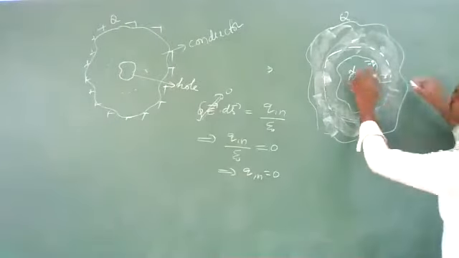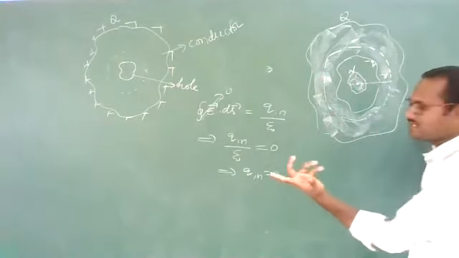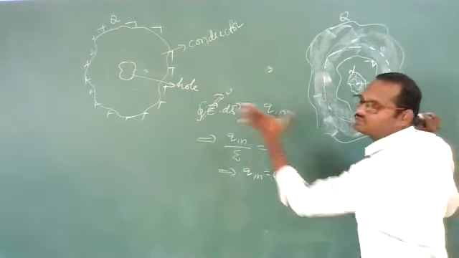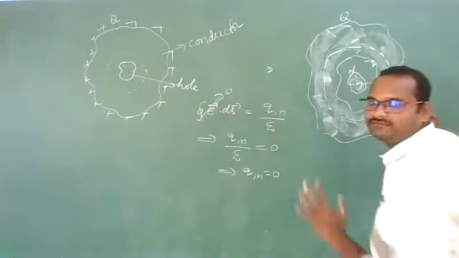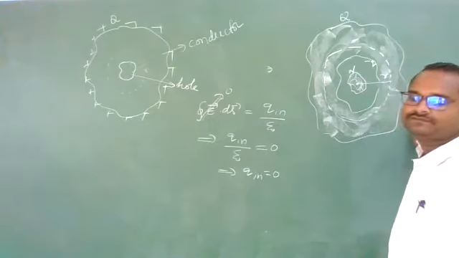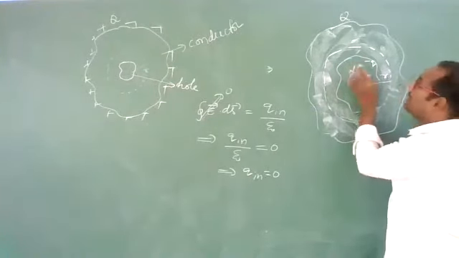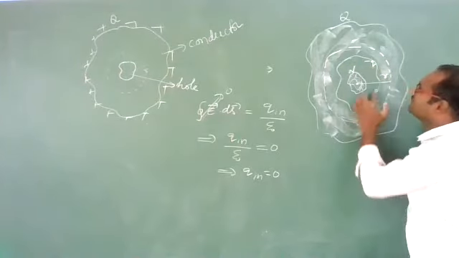Due to this, the total charge within the dotted lines becomes plus q minus q, which is zero, so the equation will balance. This small q charge will induce minus q charge on the inner surface of this cavity.